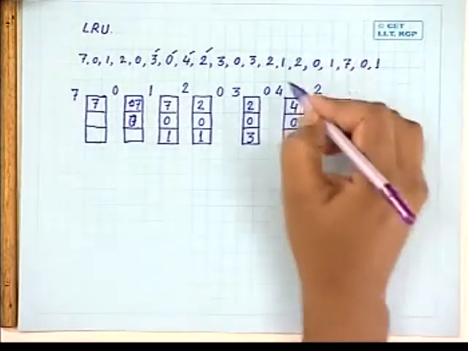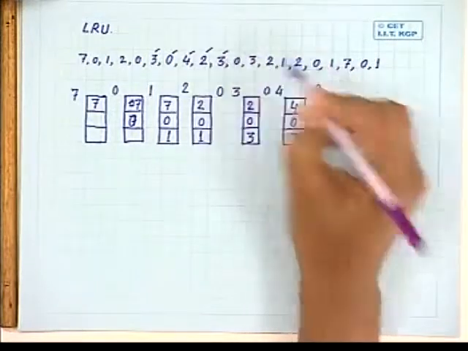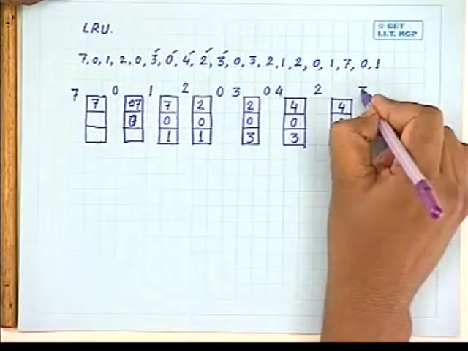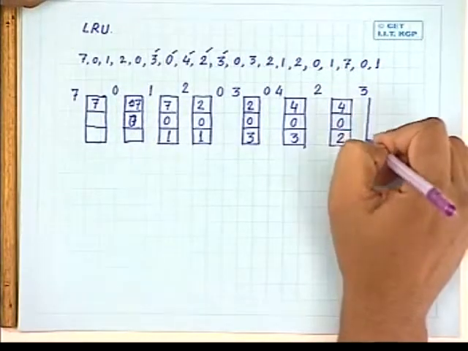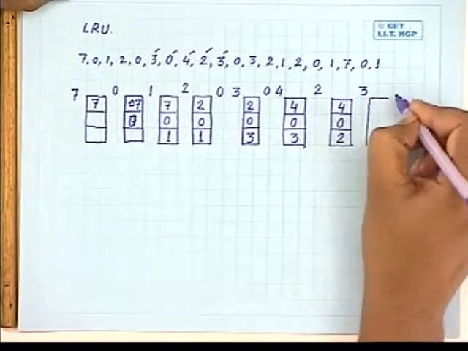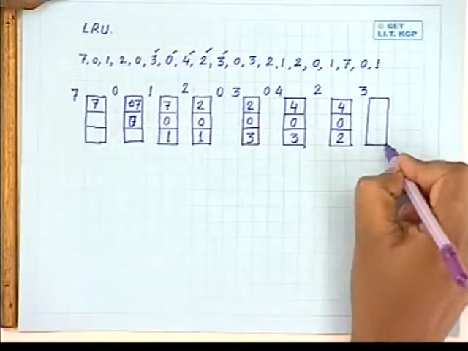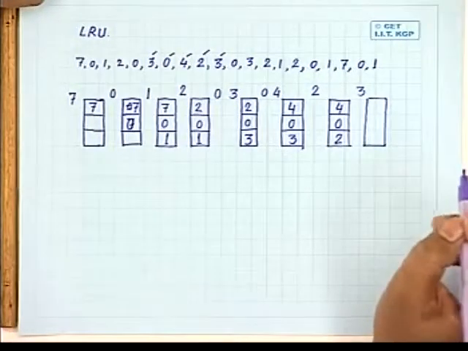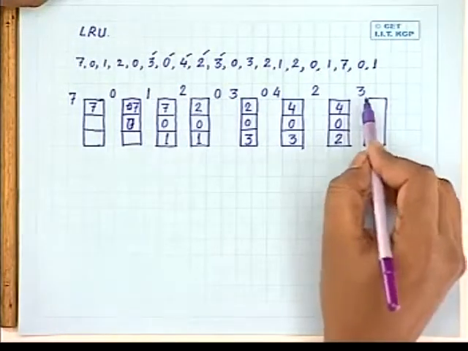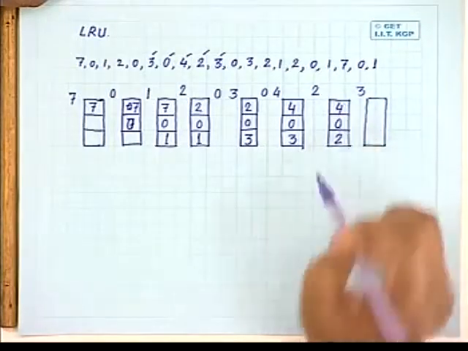Next time again 3 is referred, but in this case unfortunately 3 has been replaced just now, because so far page number 3 was the least recently used page. So now again I have to find out which one is least recent.